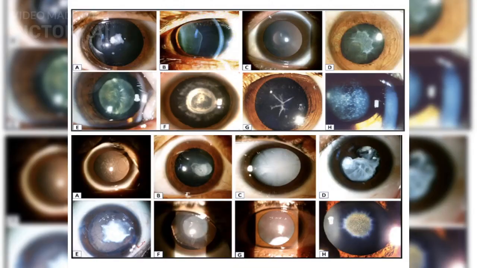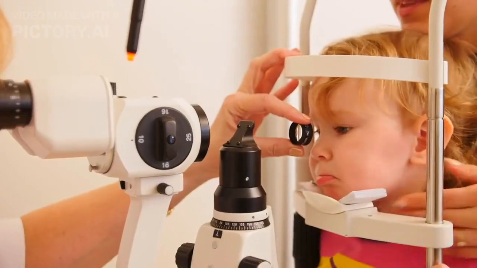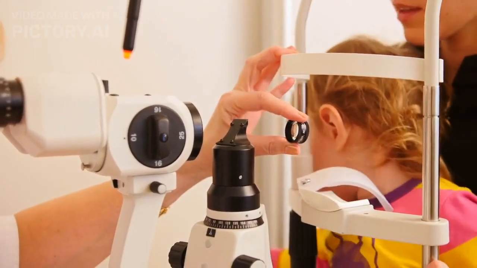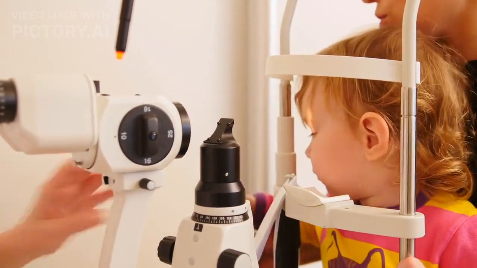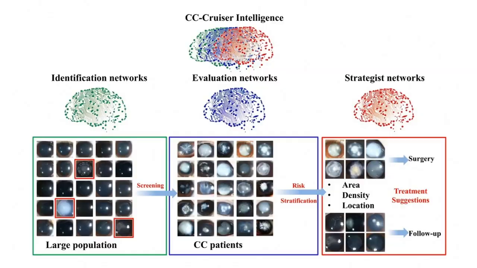Insights into pediatric cataract. Cataracts in children are more varied than in adults, influencing the decision to surgically remove them based on their severity and the risk of vision impairment. The CC Cruiser is a cloud software that can identify cataracts from specialized eye images, classify them, and suggest possible treatments.